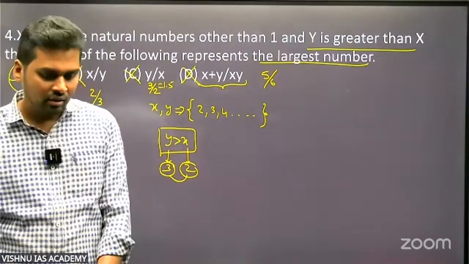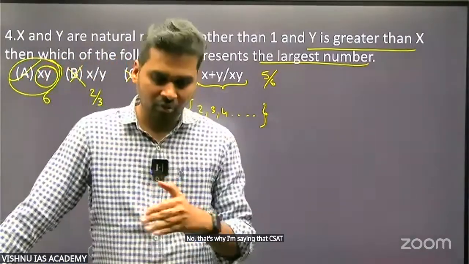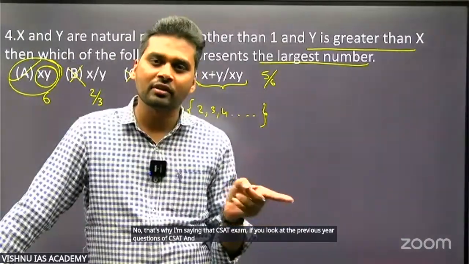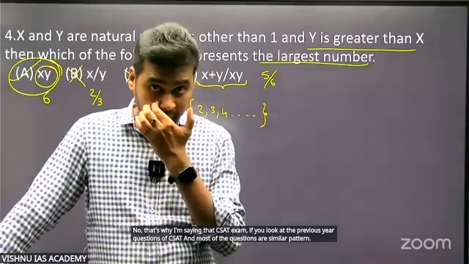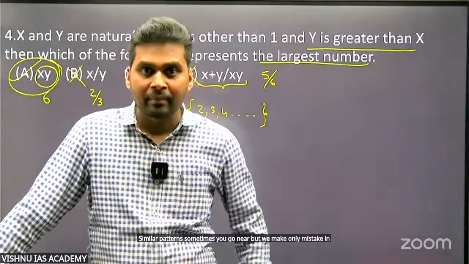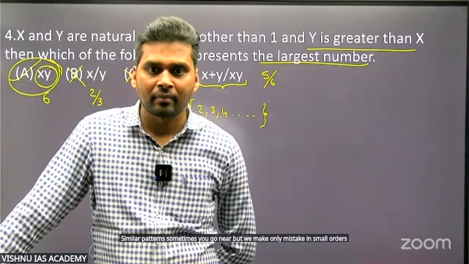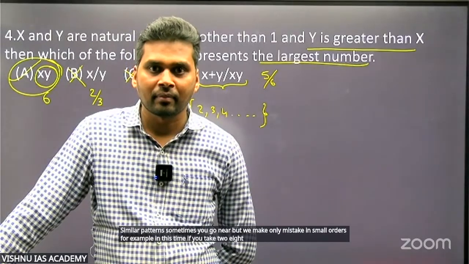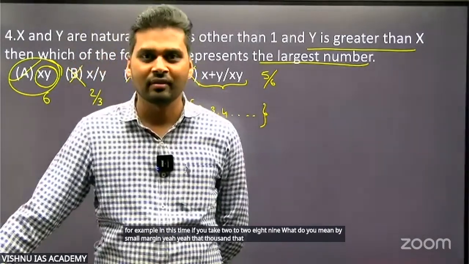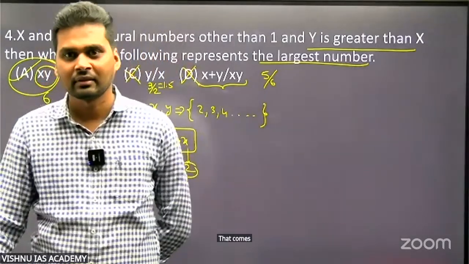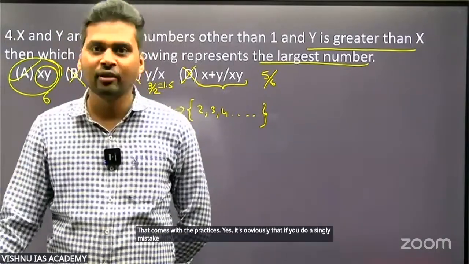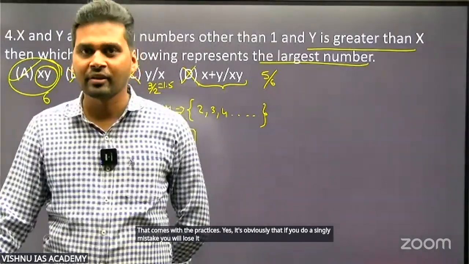No, that's why I'm saying that. So in the CSAT exam, if you look at the previous year questions of CSAT, most of the questions are of a similar pattern. Sometimes we go nearby, but we make mistakes only in small numbers. For example, in this one, if you take 2,889, it is off only by a small margin. That comes with practice only. Yes, obviously, if you make a single mistake, you will lose it. That's why you need to make sure you do not do it.